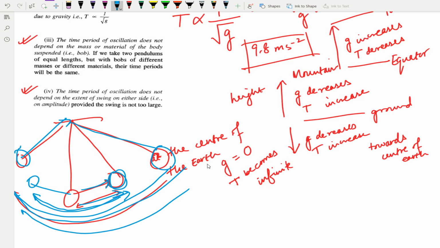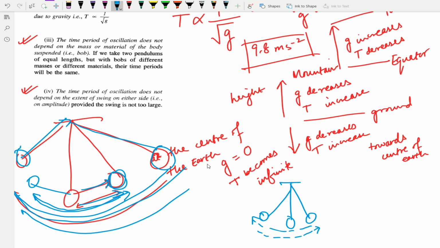Because when initially suppose the pendulum was here and you provided a small amplitude, released it, it moved from here to this side and then again came back here, the velocity of the bob was very less. Why?